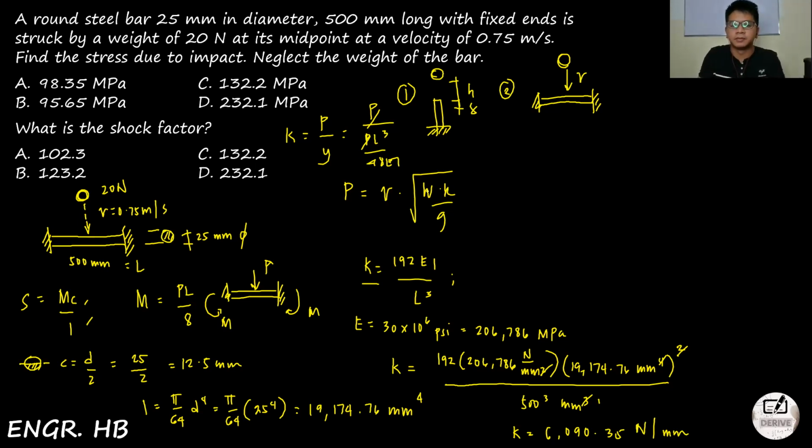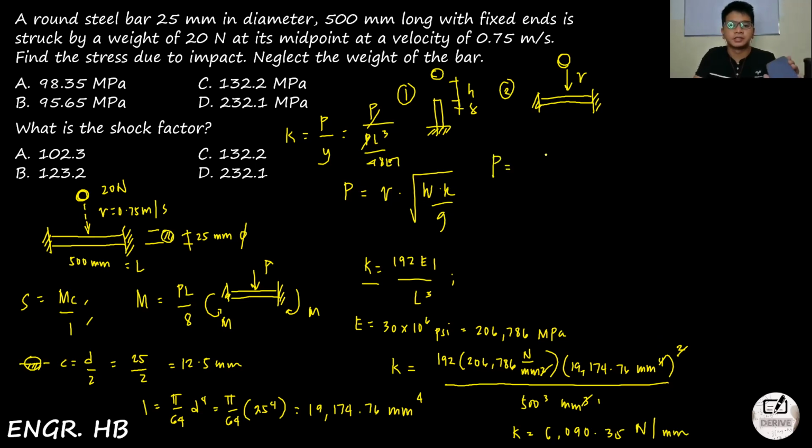So meron tayong K. Of course, meron tayong V kanina. W, meron tayo 20 Newton. So this G is 9.81 meter per second squared. That's an acceleration due to gravity. So magkakaroon na tayo ng P. So lalakihan ko lang konti yung sulat for the unit analysis.